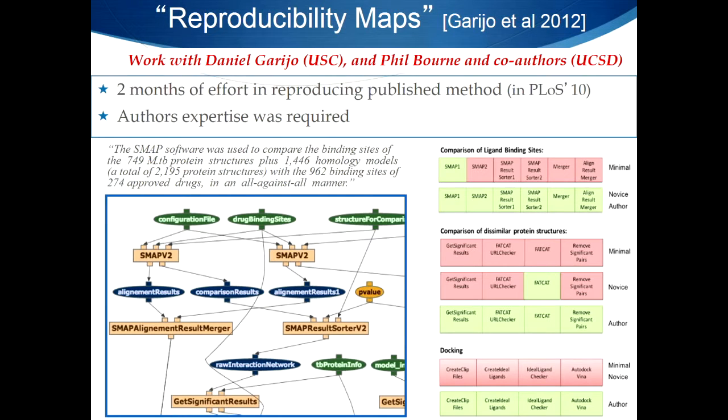So to give you an idea of what scientific papers look like today, I'll give you an example from a study that we did. We took a publication from Phil Bourne. Phil Bourne was the assistant director for data science at NIH until earlier this year. He came from UCSD, and he's a proponent for open science.